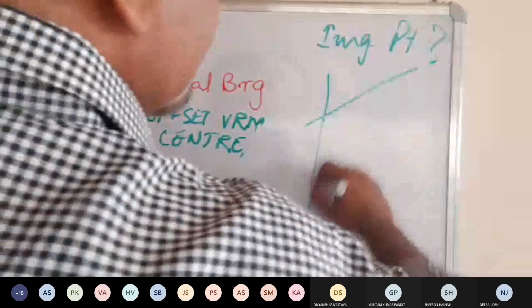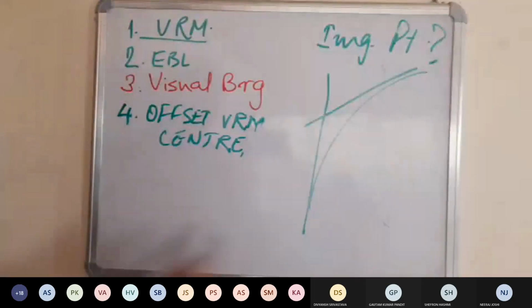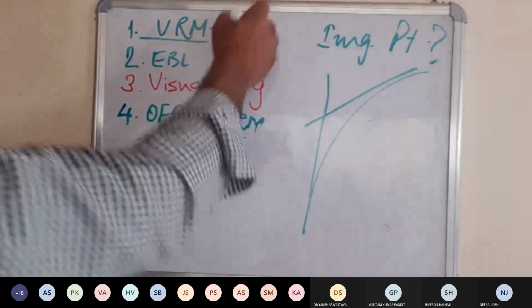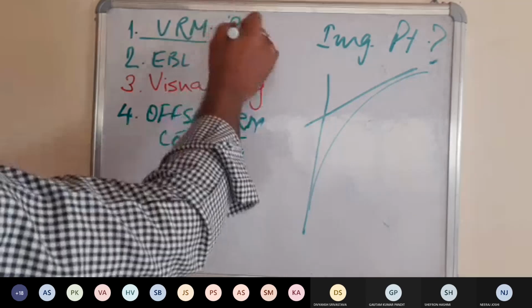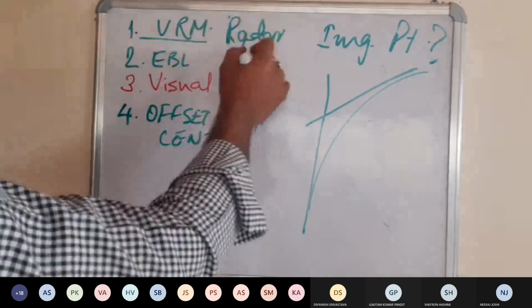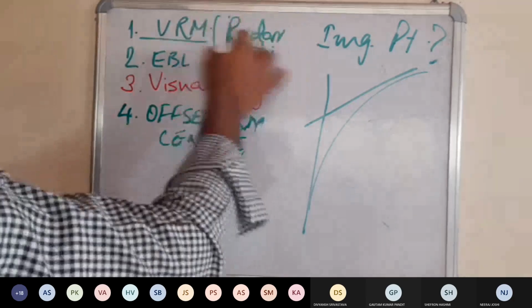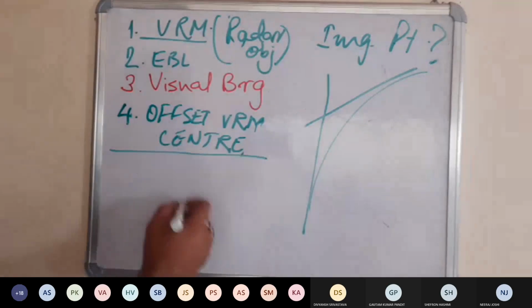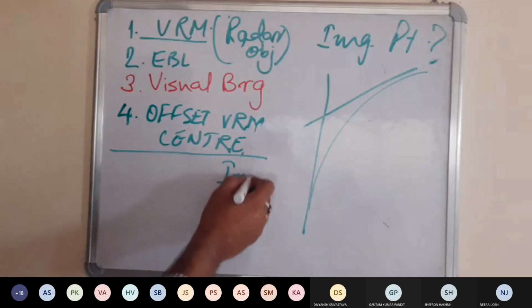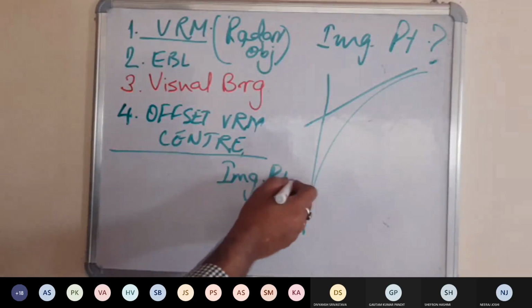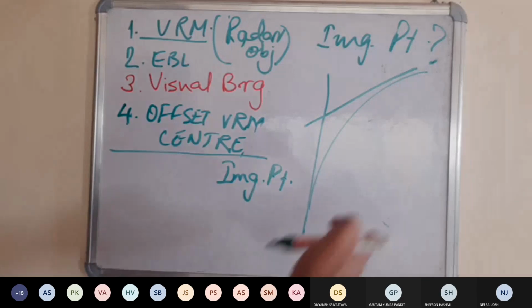You have the turn like this, but nothing to see here. So this was the case with radar object. Now, in case of imaginary point, what should we do? There is nothing to watch.